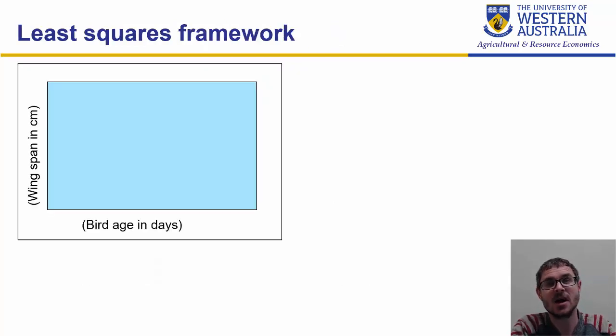Here I'm trying to model the way that wingspan grows in birds as they age. So here's my data. I've just got the first three observations in a data set, and you can see that the trend line is sort of lying between them. It's not a perfect fit to the data. So in my formal notation, I have my first point here, which is x1, y1. So it's the first data point in my data sample.